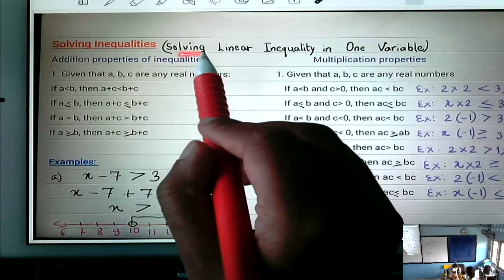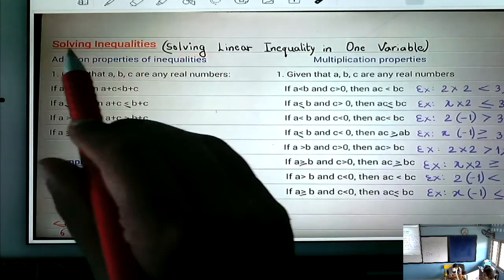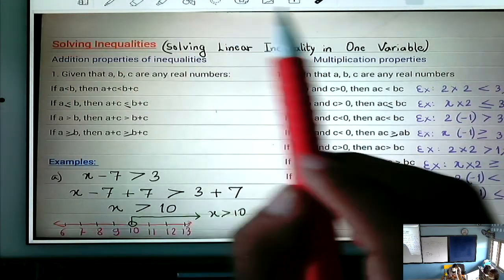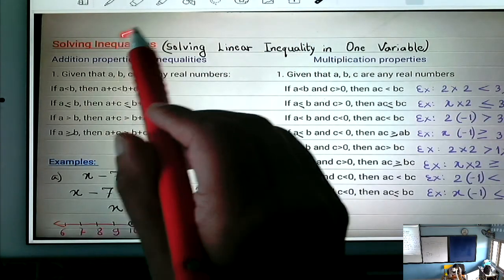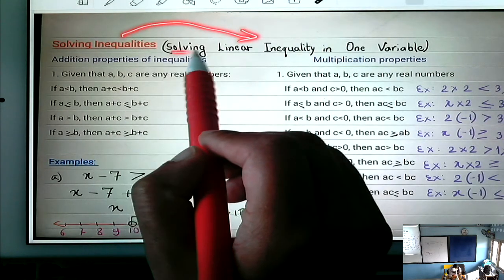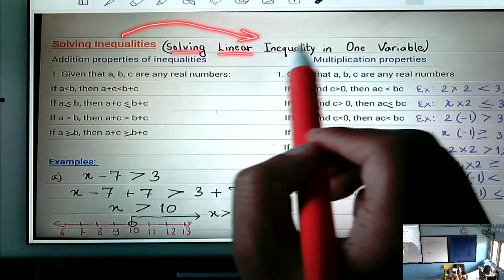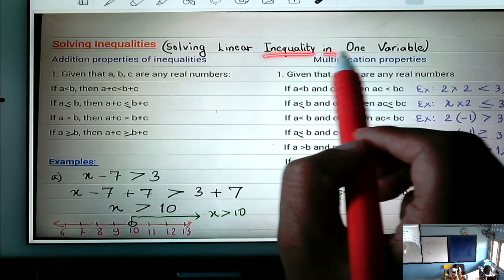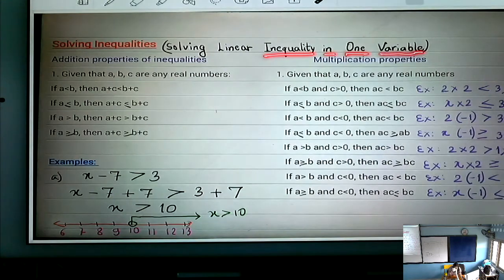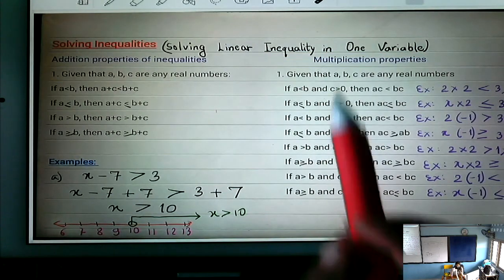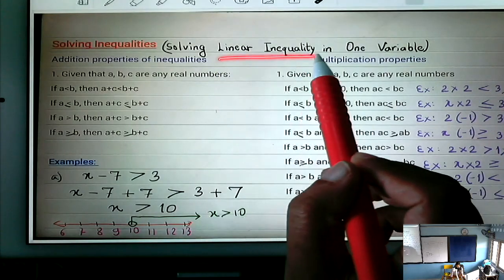Okay, now you can see solving inequalities means you make a solution, and this is also called solving linear inequality in one variable. Now what does this mean? What do you mean by linear inequality?